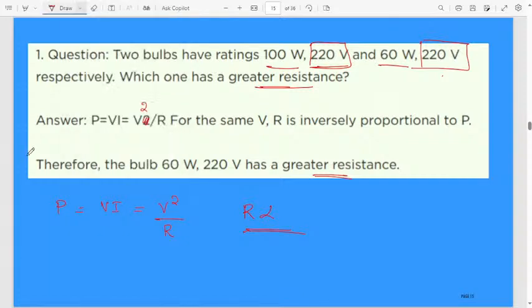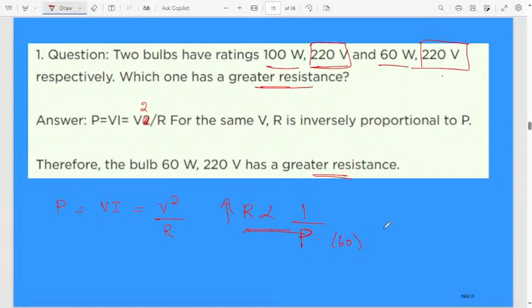It is inversely proportional to P. If power is less, then resistance will be more. If power is more, resistance will be less. According to that, the bulb having 60 watt, 220 volt has a greater resistance because power is 60, then resistance will be more.